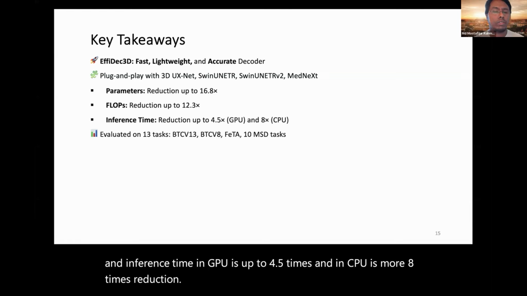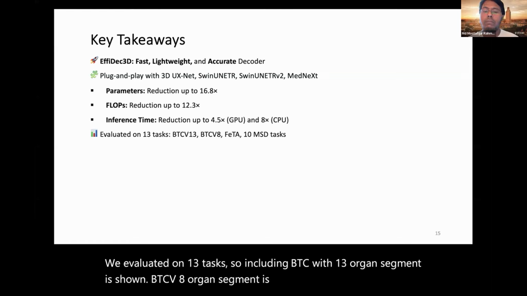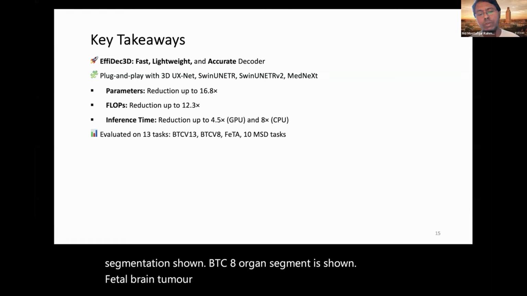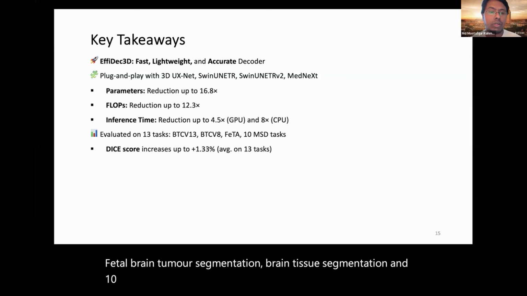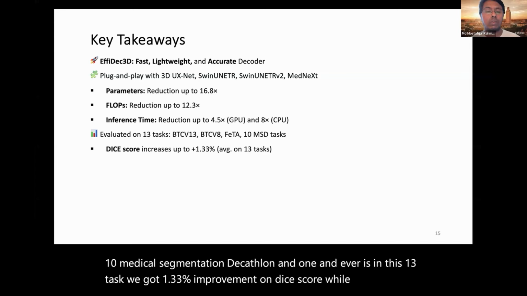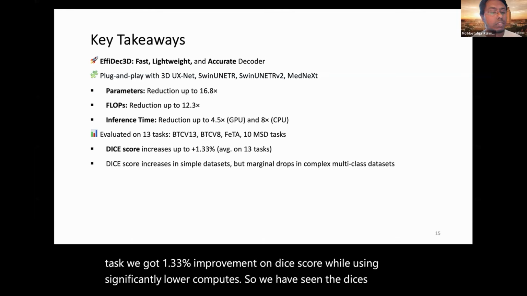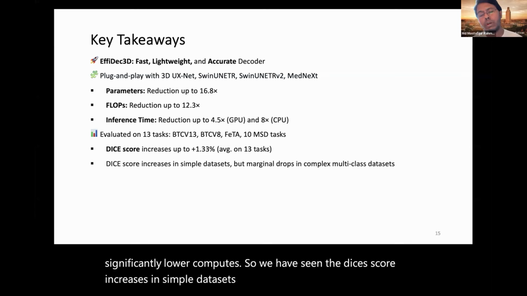We evaluated on 13 tasks, including BTCV 13 organ segmentation, BTCV 8 organ segmentation, fetal brain tumor segmentation, brain tissue segmentation, and 10 Medical Segmentation Decathlon tasks. On average across these 13 tasks, we got a 1.33% improvement in dice score while using significantly lower compute. We have seen that dice score increases in simple datasets, but marginally drops in complex multi-class datasets like BTCV.